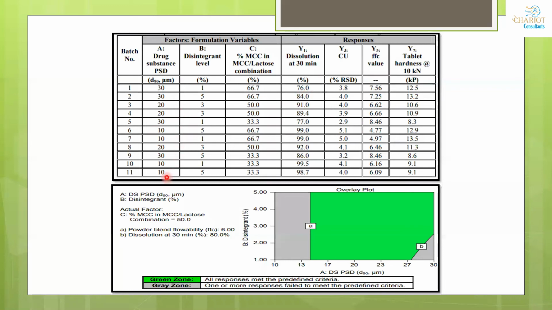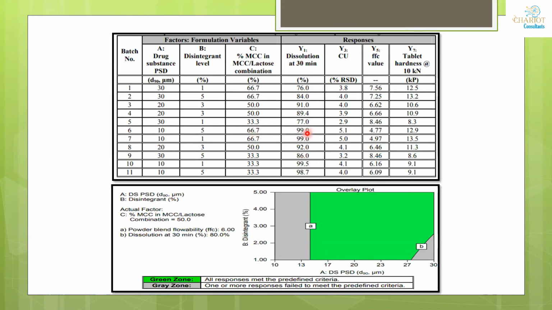So when you talk about where you have found the maximum disintegration or maximum dissolution: if you see the particle size, where the particle size was less and the disintegrant level was high, you observed 99%. Similarly, although you are using only a higher concentration of MCC, the particle size is very small, and you are eroding the tablets very fast.